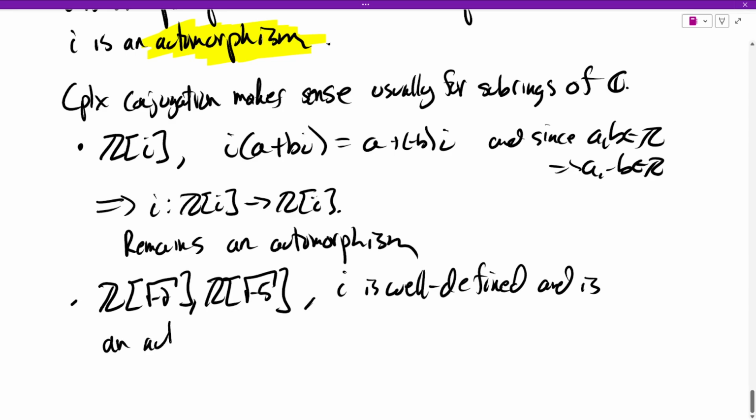In fact, it's an automorphism of these rings, so it's the strongest of all of them. So we actually have now a wealth of different automorphisms, in particular homomorphisms, and these ones come from complex conjugation. We're going to continue doing examples in the next video.